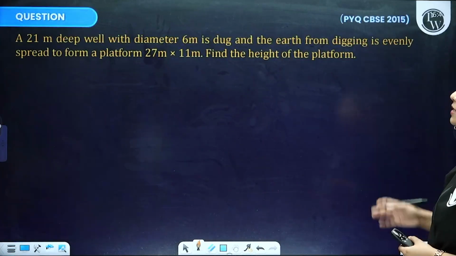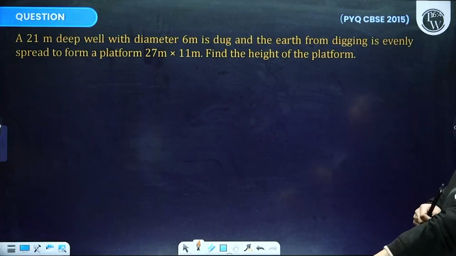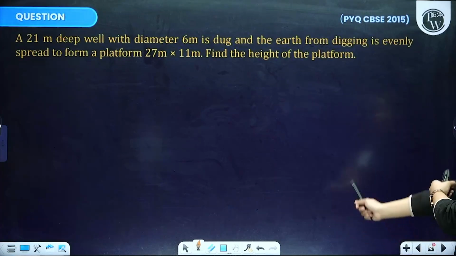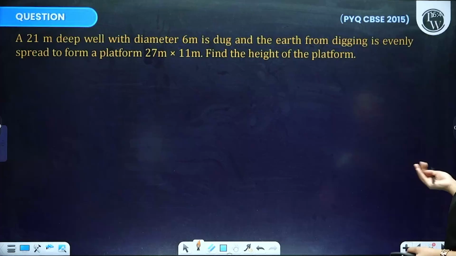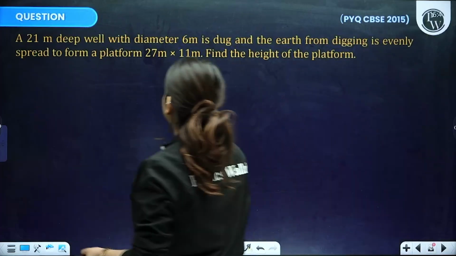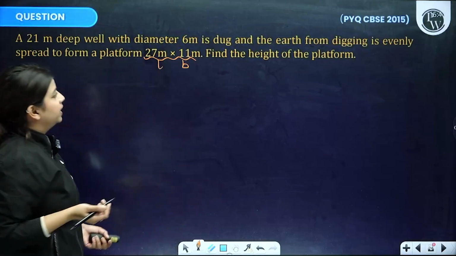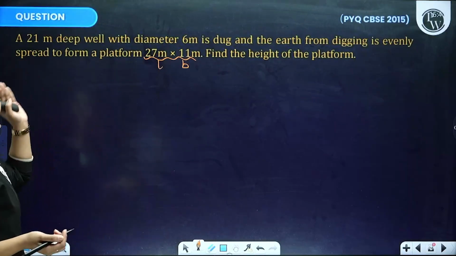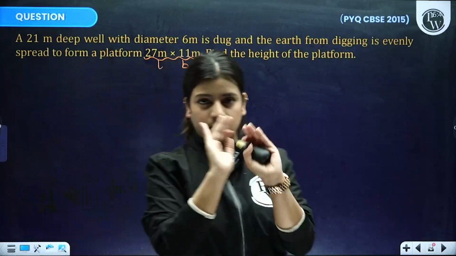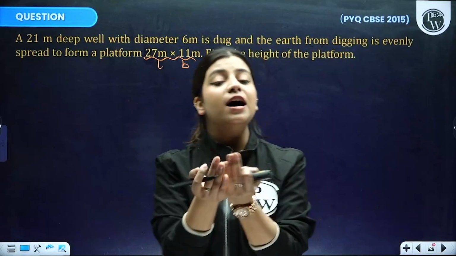Next question says a 21-meter deep well with diameter 6 meter is dug and the earth from digging is evenly spread to form the platform of this length and breadth. So we have to find the height of the platform. When a well is dug, it is in the shape of a cylinder.